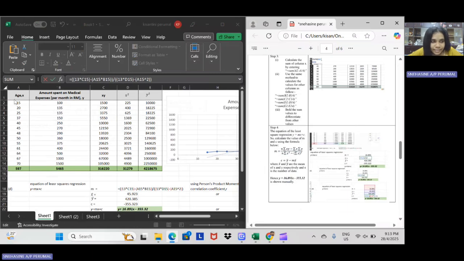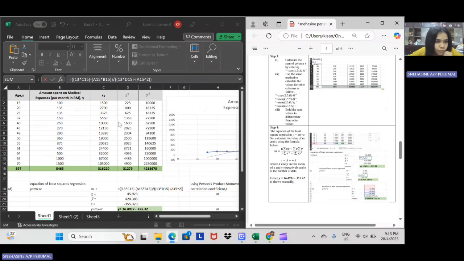N is 13. So 13 sum x kuasa 2. So x kuasa 2 of sum is 312979. After that, you have to minus the sum of x, bracket kuasa 2.